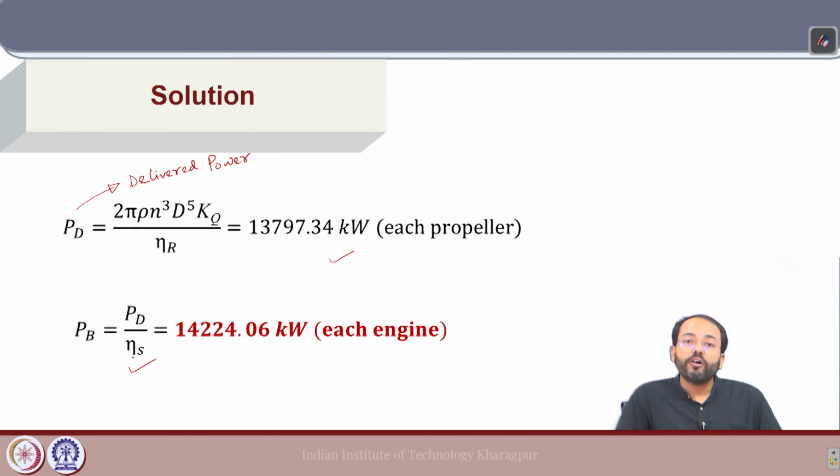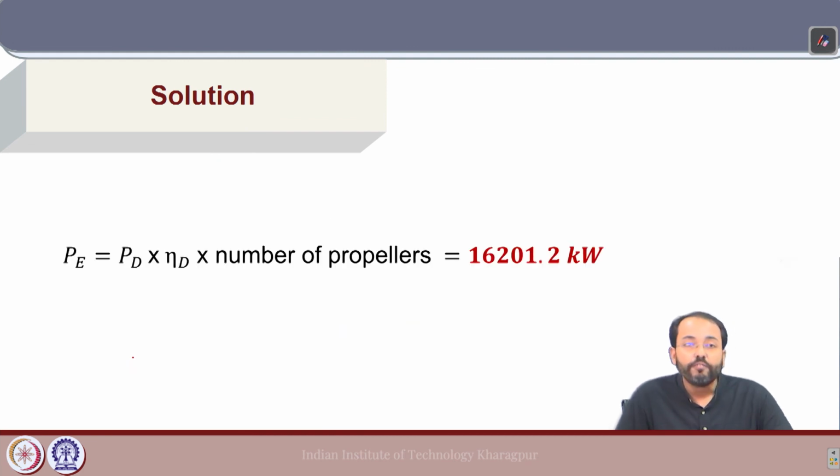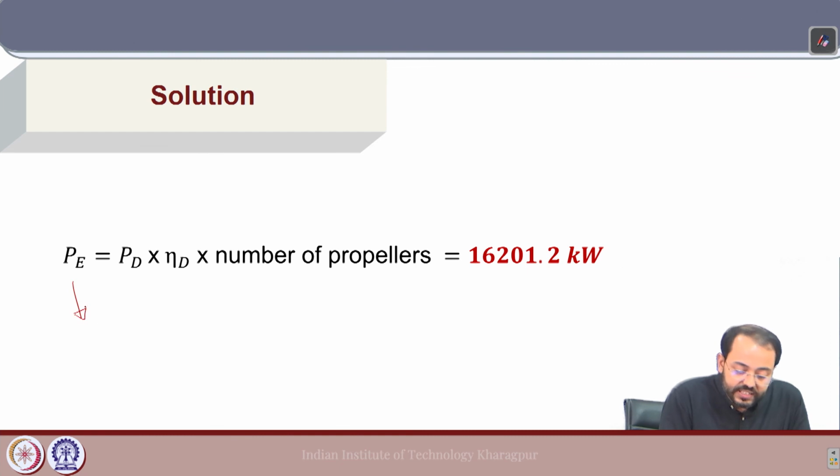So the brake power of each engine will be calculated from the delivered power from each propeller divided by the shafting efficiency, and finally the effective power, which is the power required to drive the ship forward.